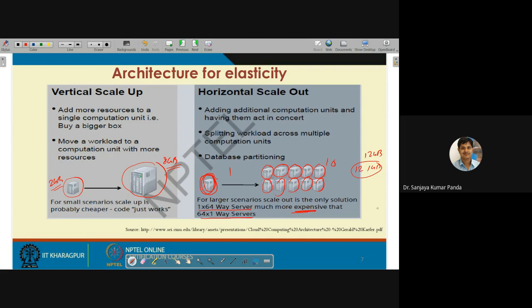So if there are 64 servers, but in another case we have only one server, you can calculate the cost and compare with respect to different parameters which one is better. For example, in this case, this is more expensive. So you have to go for 64 cross 1 way of server.